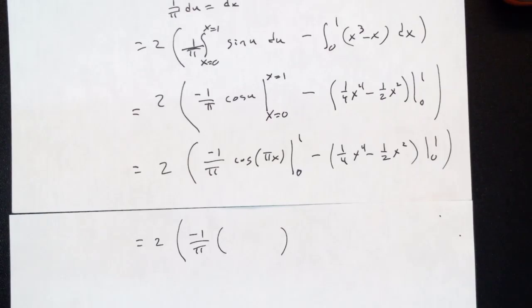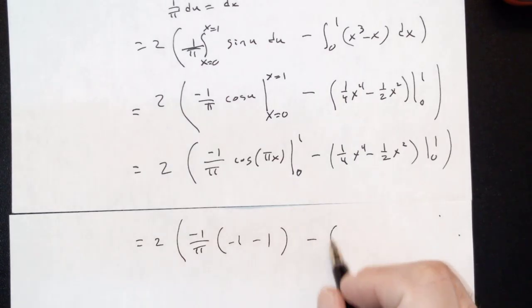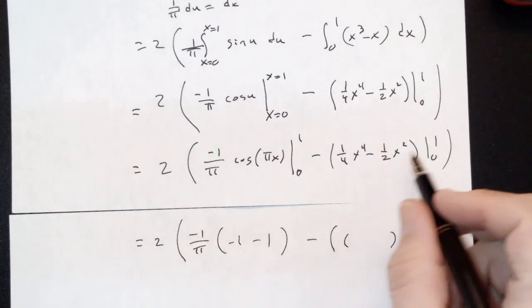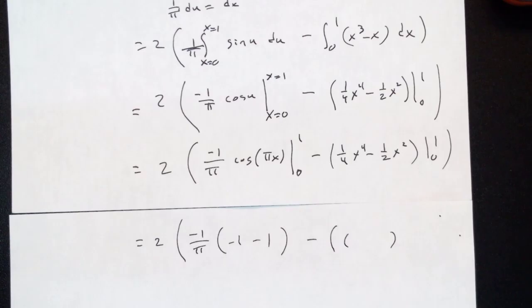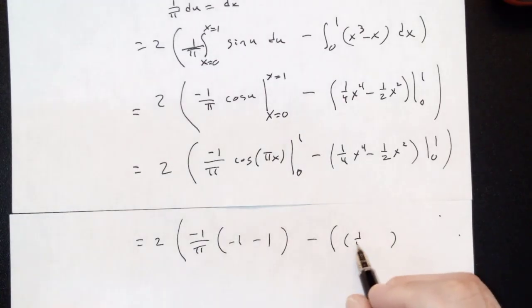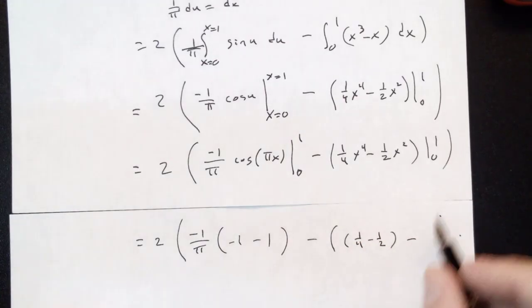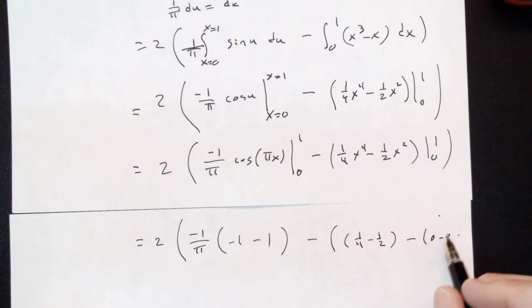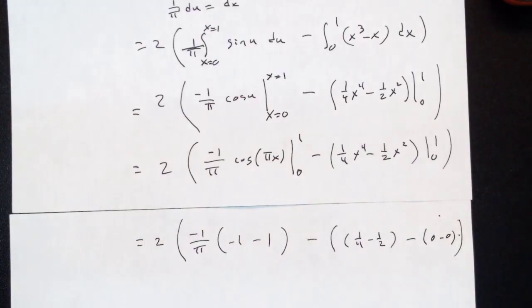Cosine of 0 is 1. Plug in 1. What's 1 to the fourth? What's 1 squared? Plug in 0, and you get 0.